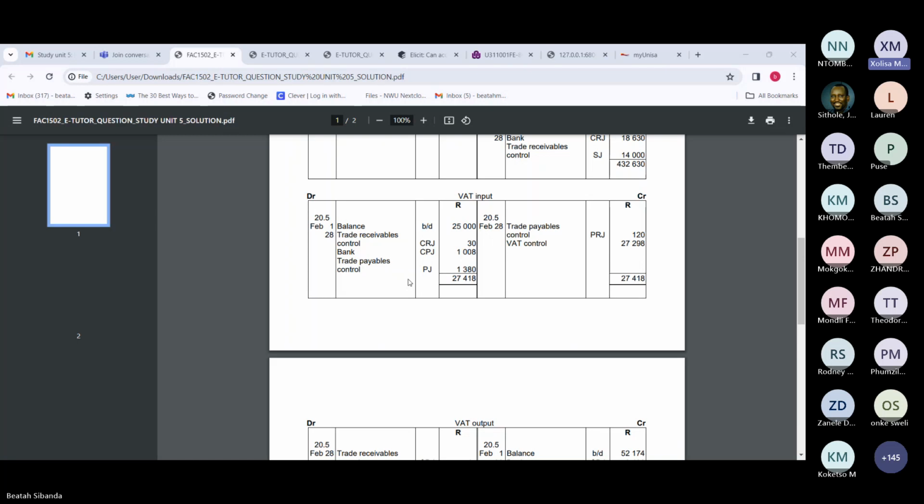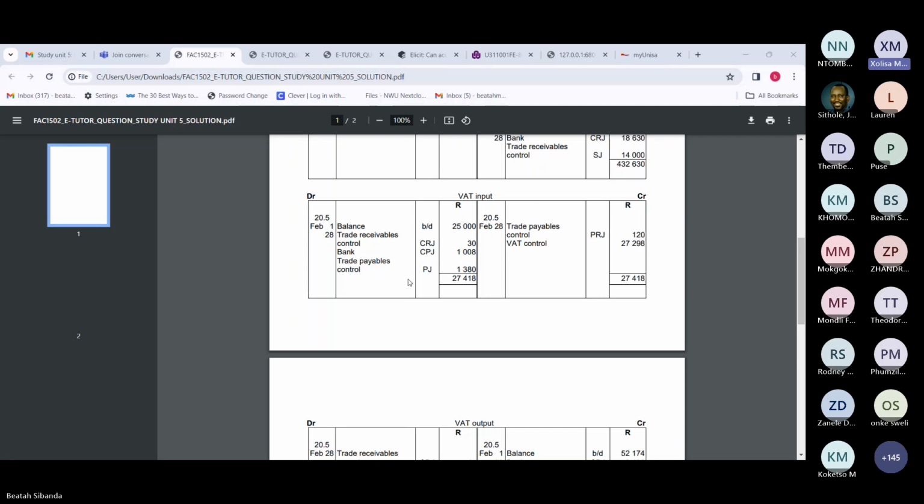So therefore, we add VAT control on the credit side, because we're basically showing with that balance of 27,298 that the debits exceed our credits by 27,298. That's what SARS essentially owes us at the beginning of the following month.